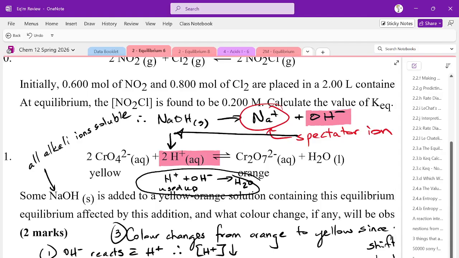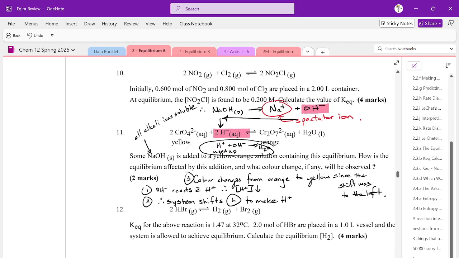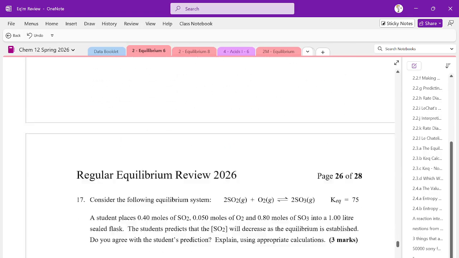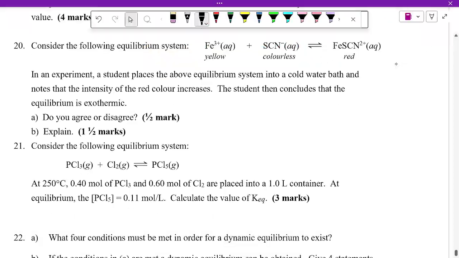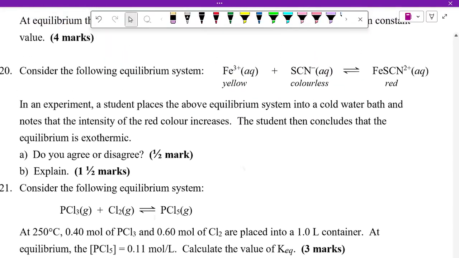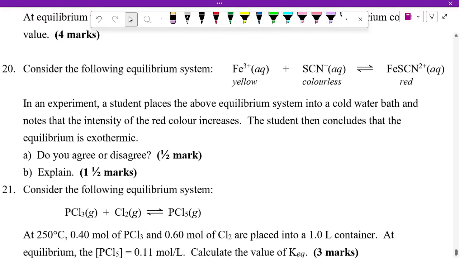Written response number 20. In an experiment, a student places the above equilibrium system into a cold water bath and notices that the intensity of the red color increases.